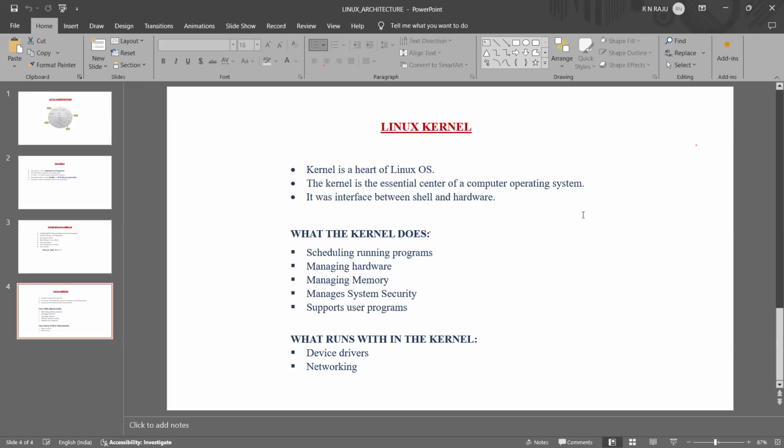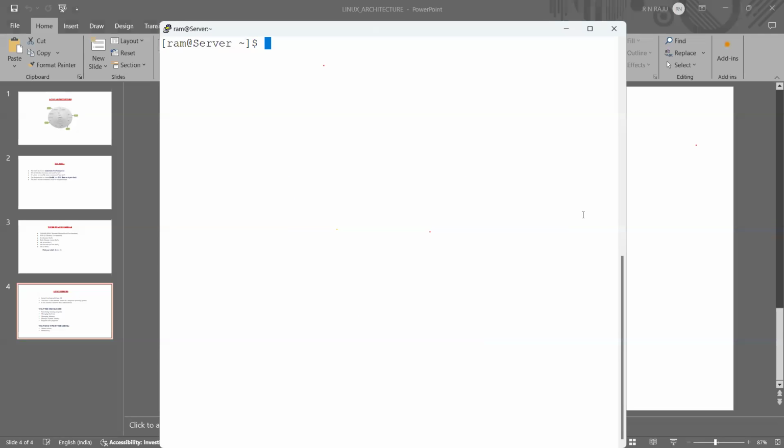For example, right now kernel version 5.4 is running. I want to upgrade 5.4 to 5.6. But how do you know that your 5.4 is running? Then you need to verify the kernel version. How to check the kernel version? You can use the uname -r command.